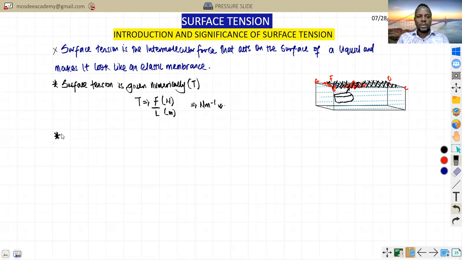Some examples of real life application of surface tension are: you can write as many as you want, but just limit it because I've given more explanation.